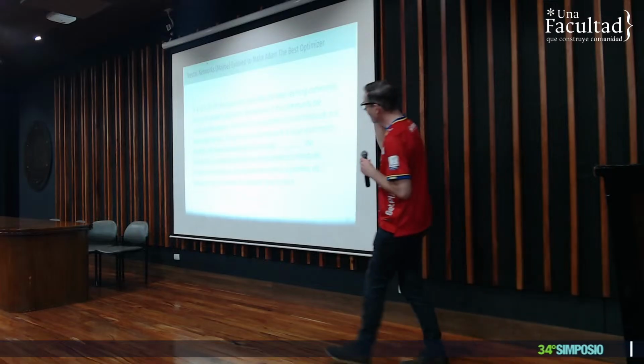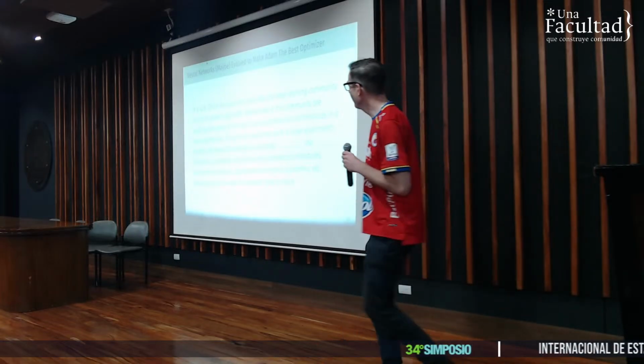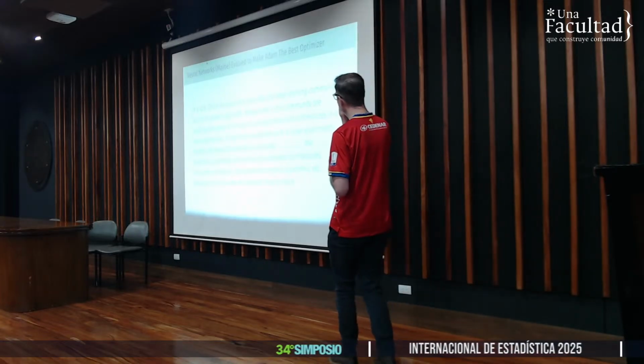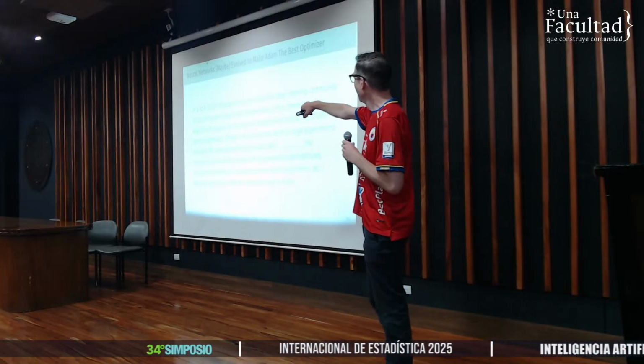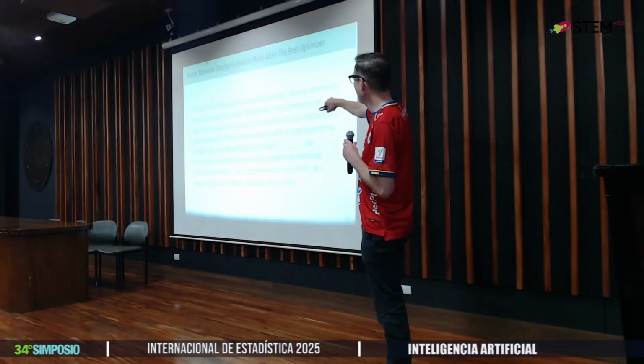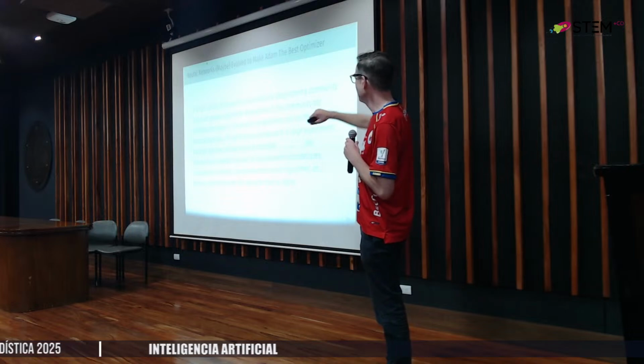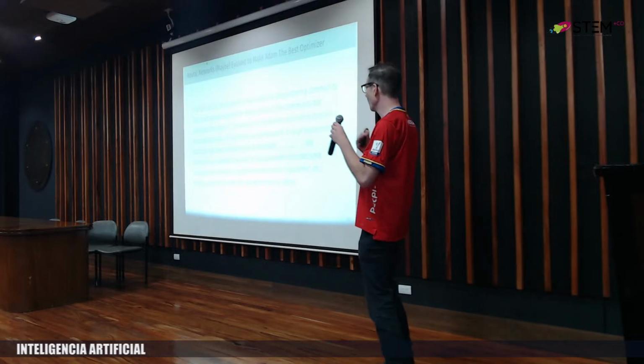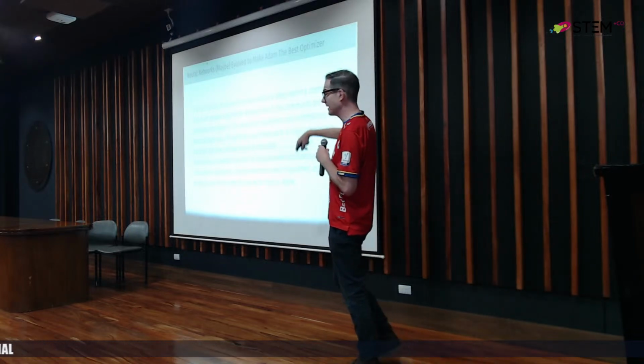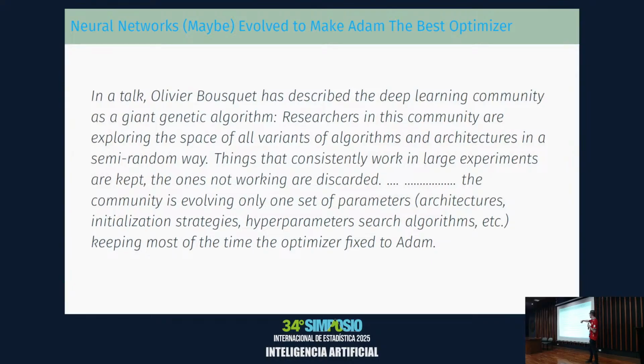So, final quote of the day. Oliver Busquets gave this talk. He said, Oliver Busquets has described the deep learning community as a gigantic genetic algorithm. Researchers in the community are exploring the space of all variants of algorithms and architectures in a semi-random way. Things that consistently work in large experiments are kept, the ones that are not working are discarded.